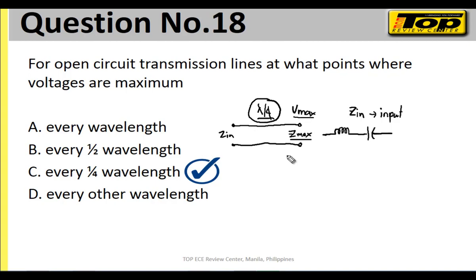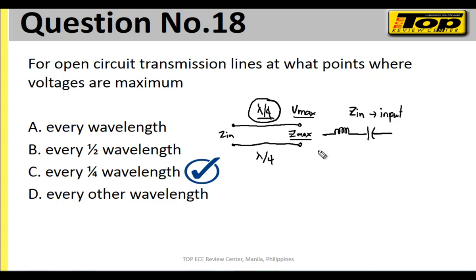Bakit? Kasi pag dinagdagan ko ito, this is only quarter wavelength, tama? Pag dinagdagan ko ito ng another quarter wavelength, yung dulo niyan will have again an impedance inversion. So therefore, yung maximum magiging minimum. So every half, you will have minimum voltage. No? And then kung every 3/4 naman, pwede rin na maging maximum ulit, pero wala naman 3/4 yan.